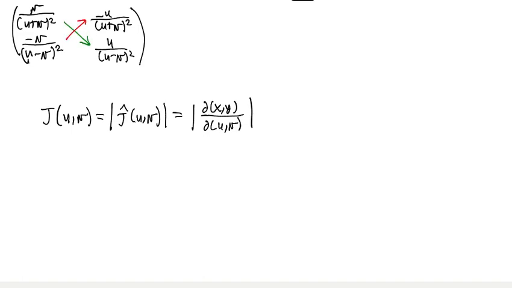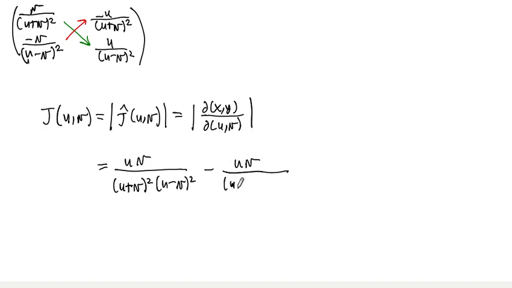The main diagonal product is u times v over the denominator, (u plus v) squared times (u minus v) squared. Then we subtract off the product of the off diagonal. This has two negatives, so that's going to be positive on top, but we're subtracting it. So minus uv over the same denominator. We notice these two things are the same, so this Jacobian is 0.